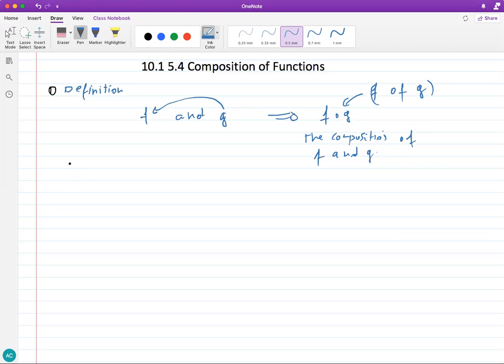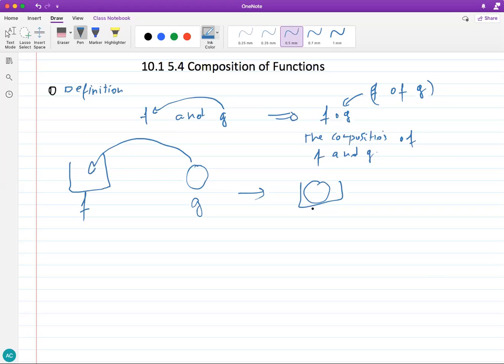To visualize it, think of it this way. Let's say this container was maybe some function f. Then we have another container like this, or another shape, that's g. So we plug the whole function g into f, okay, and the result is this composition here, this mix of the two functions.